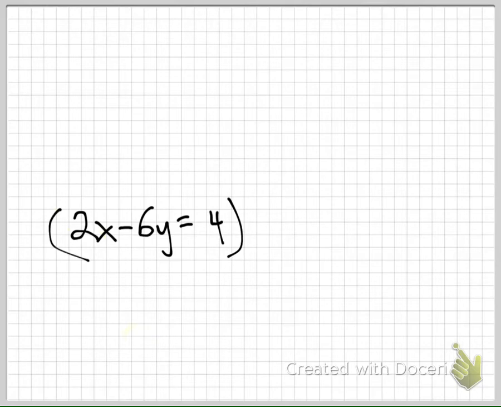Let's say we want to divide this by 2. Alright, so if we're dividing this by 2, we're going to get x minus 3y is equal to 2. And once again, that equation is the same thing as our 2x minus 6y is equal to 4. It's just a different kind of ratio. Alright? Okay, so great. Let's go ahead and move on to example number 2.